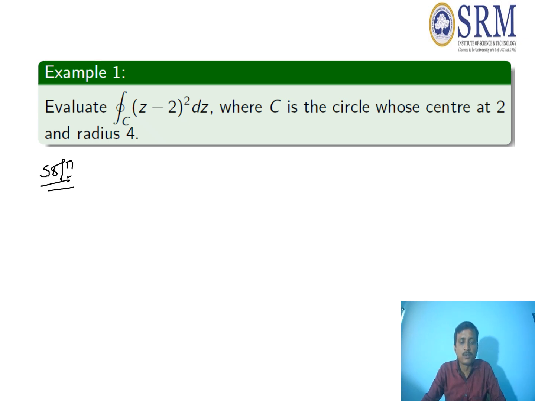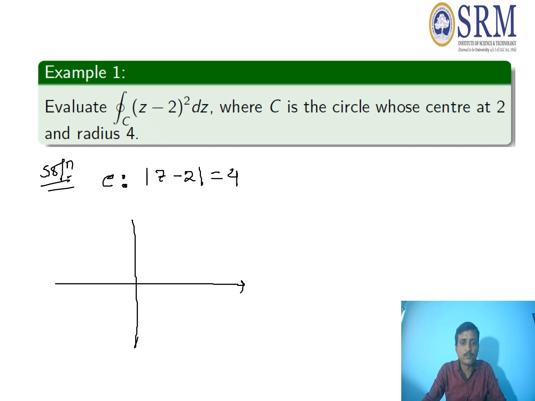Here, evaluate this integration over C. What is that C? C is the circle with center at 2 and radius 4. Let us draw the graph, since I want to see where that circle is.